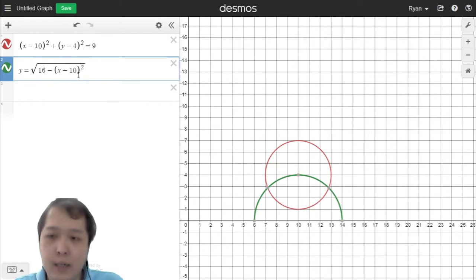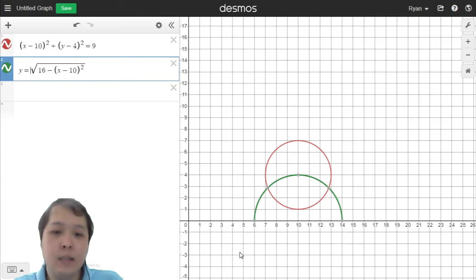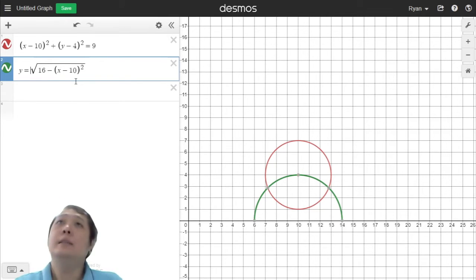What happened here? Because of the root, we are eliminating half of the circle, because the square root of negative numbers will be imaginary numbers. It will not exist here. It's imaginary. That's why it's called imaginary numbers. It's not here. That's why it's only half.